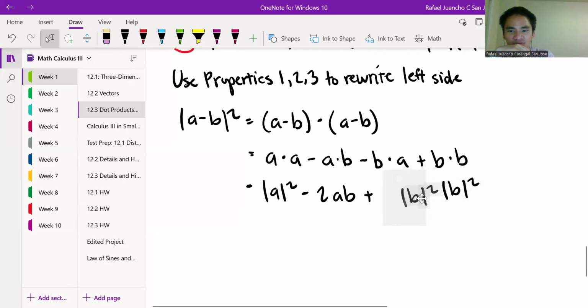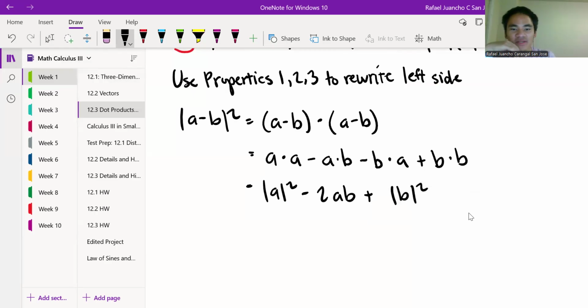So now I have this so far. So this looks a bit familiar though in algebra, right?